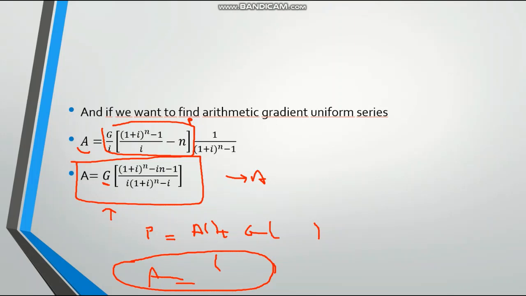So if you have the present value and arithmetic gradient, sorry, if we have an A value, the arithmetic given value, and you want to represent it in the same format as A and A, you just need to add these A values into this one, so you can convert it.